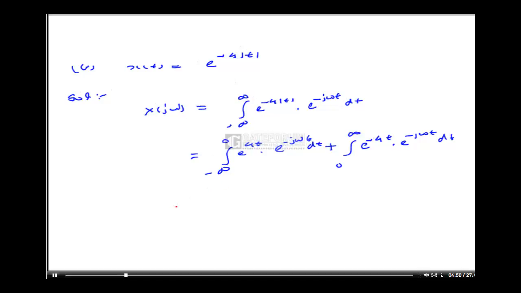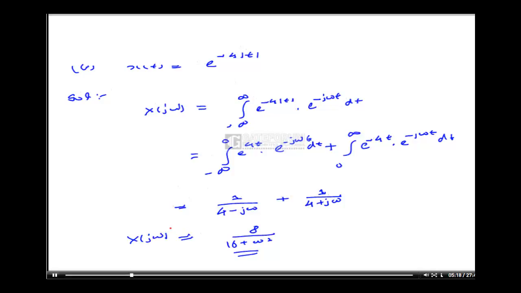Now this I can write as 1 upon 4 minus j omega plus 1 upon 4 plus j omega. That will become 8 upon 16 plus omega square, which is X(j omega).